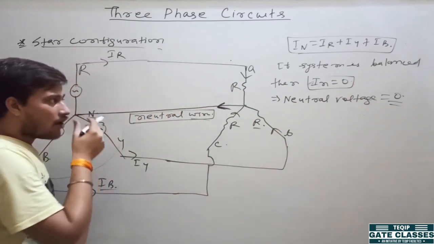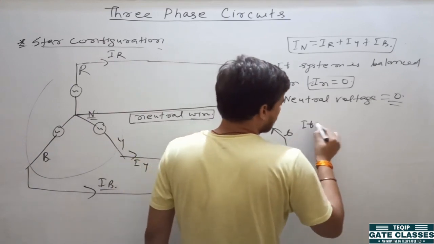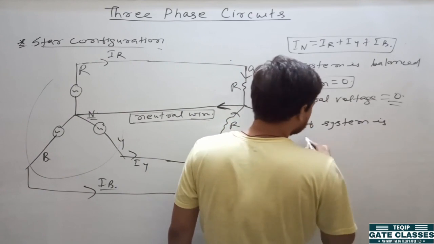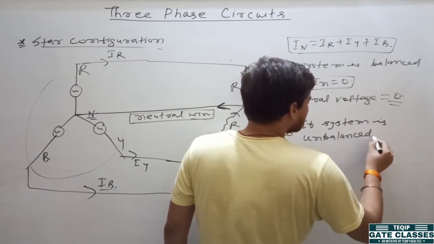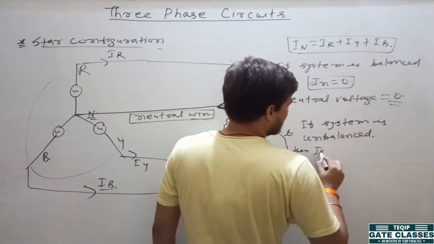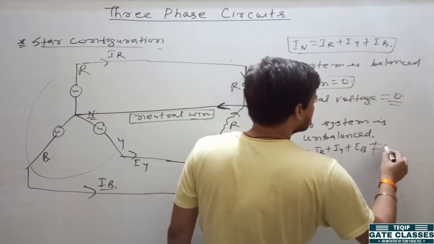Clear? Now if the system is unbalanced, then IR plus IY plus IB is not equal to 0.